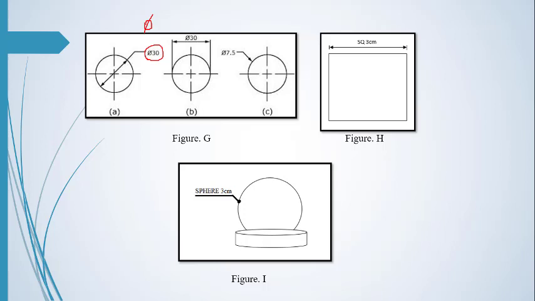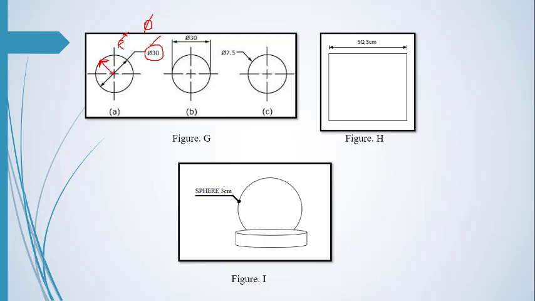So here you can see that the diameter is given to the circle or cylinder. So this phi symbol should be used, not a radius. For example, if we have diameter 30, then the radius will be 15.